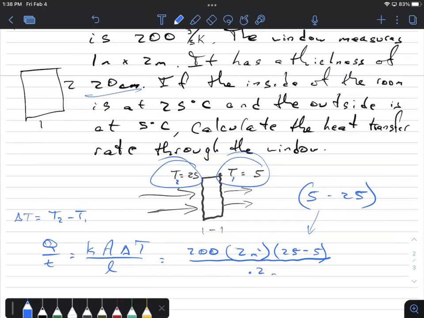So 200 times 2 times 25 minus 5 is 20. All of that divided by 0.2 gives me an answer of 40,000 joules per second. That's how much energy will flow through this one window every second, 40,000 joules.